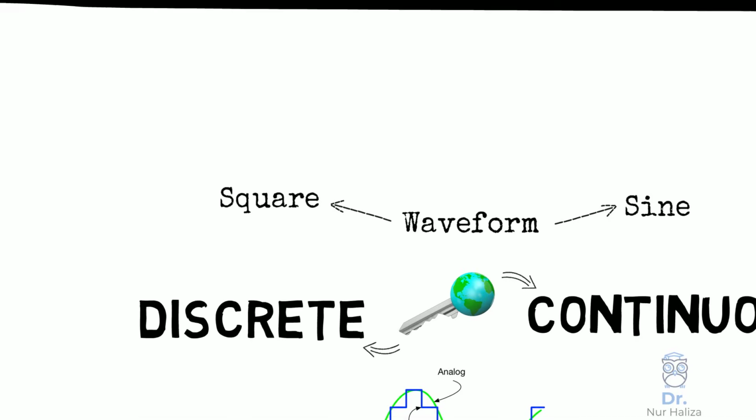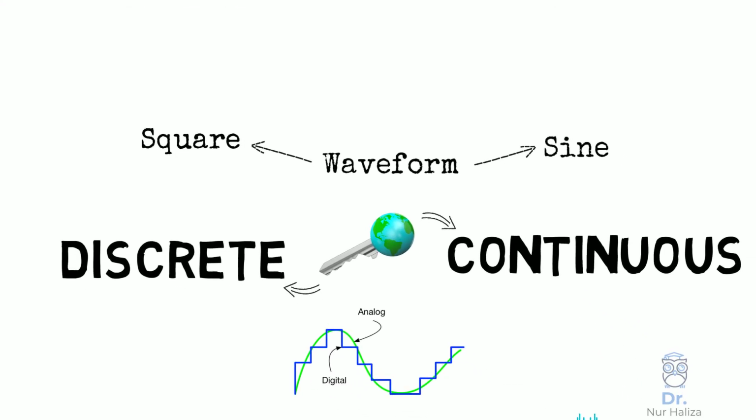So now you can see the difference between digital and analog signals, and you have the keywords. Analog is continuous, digital is discrete, and the waveform is sine for analog and square wave for digital. It's easy to memorize, isn't it?